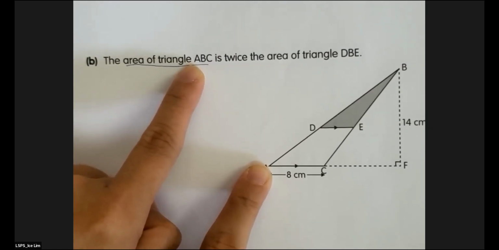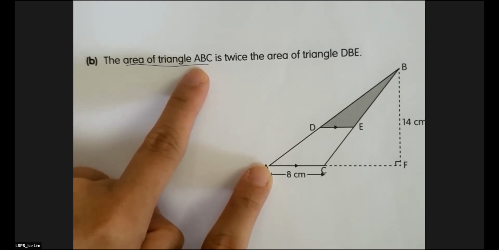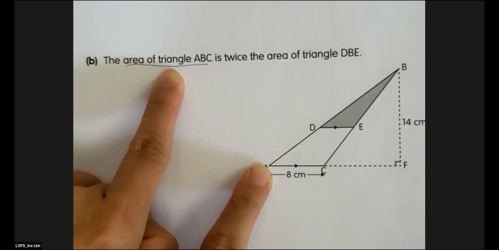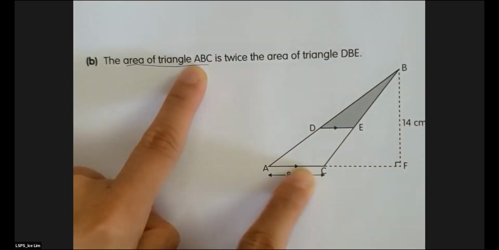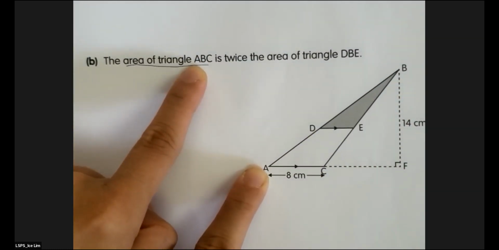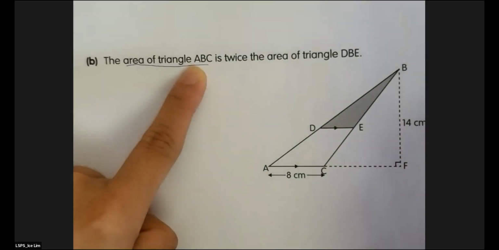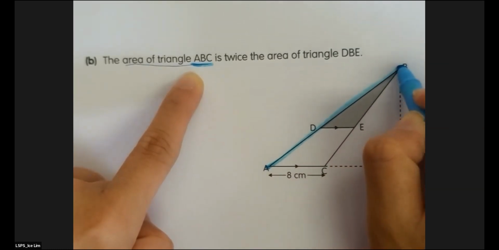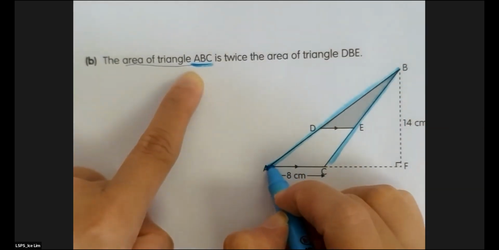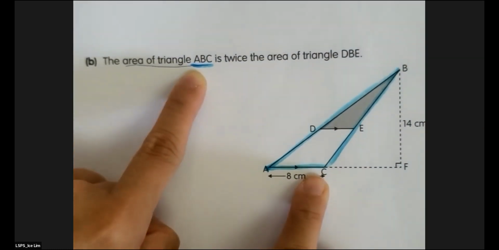So, I'm going to read triangle ABC. I run my finger through ABC. Can you see? So I have triangle ABC, A, B, C. This is the big triangle.